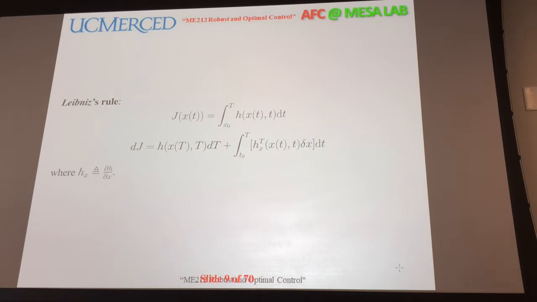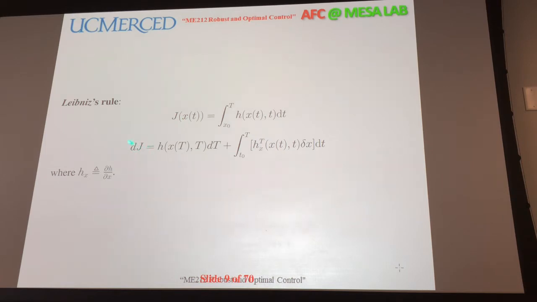Leibniz said, if you have a function implicitly in here, what you can do about dJ, the variation. This is a total differentiation. You cannot just say dJ is partial J partial x.